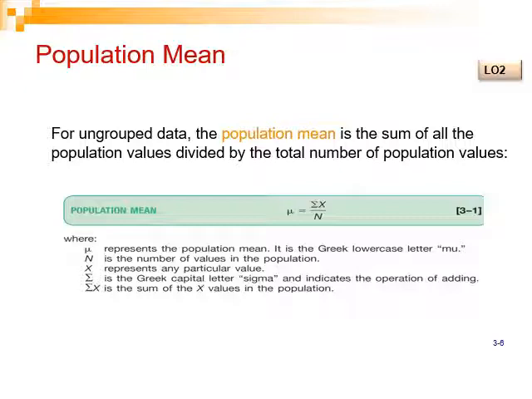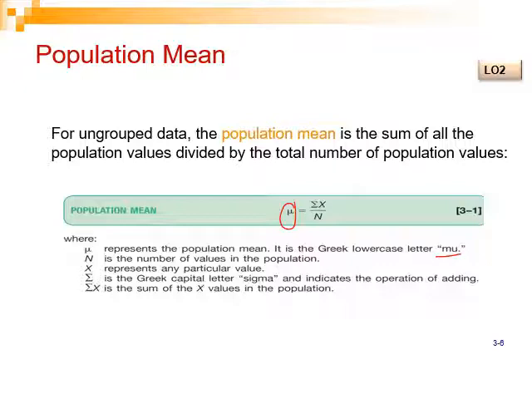The population mean is represented by mu. Mu is a Greek lowercase letter and represents the population mean.